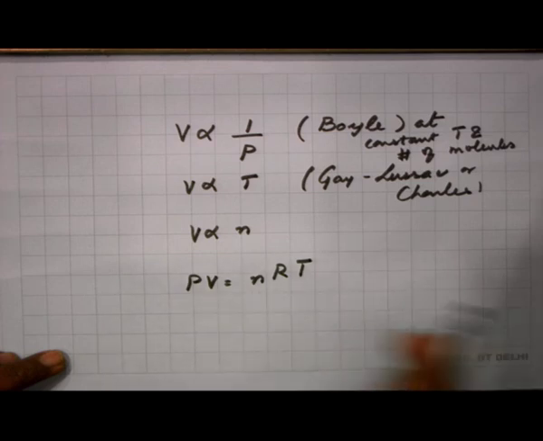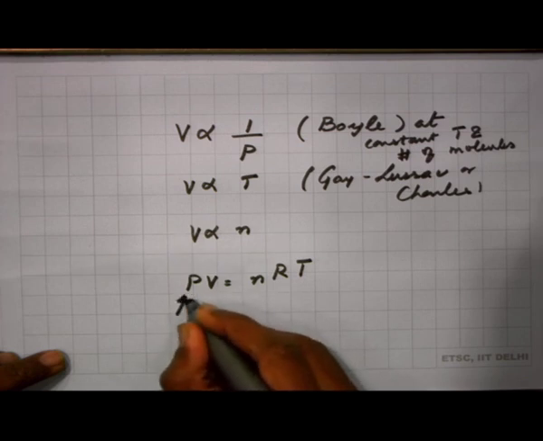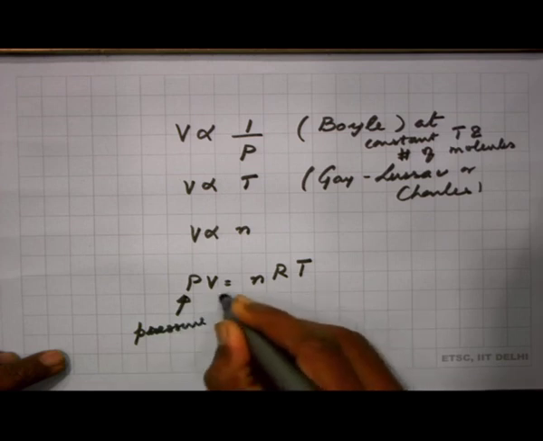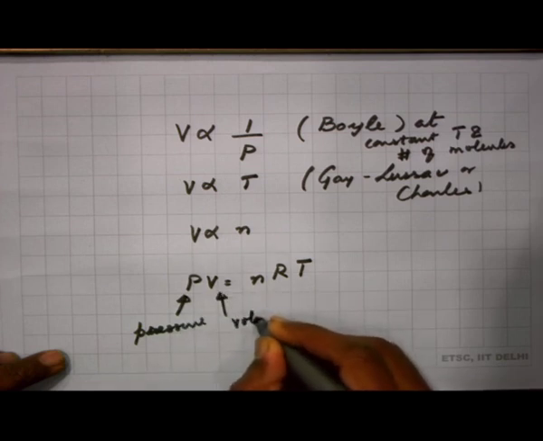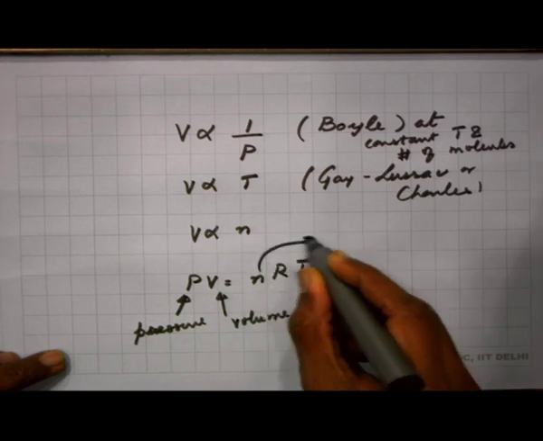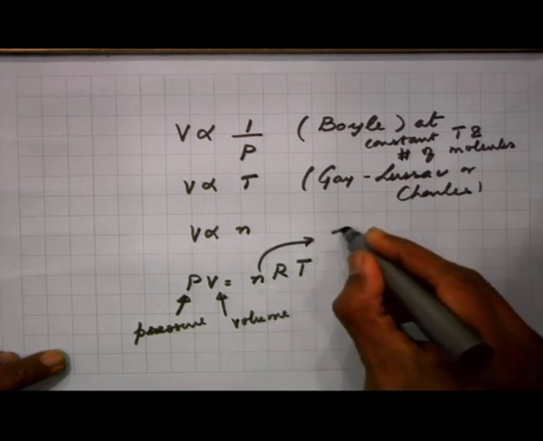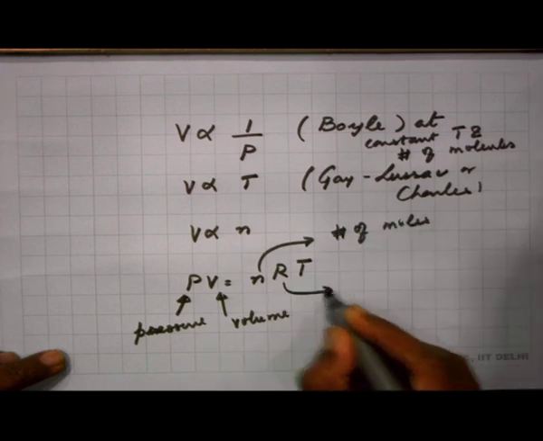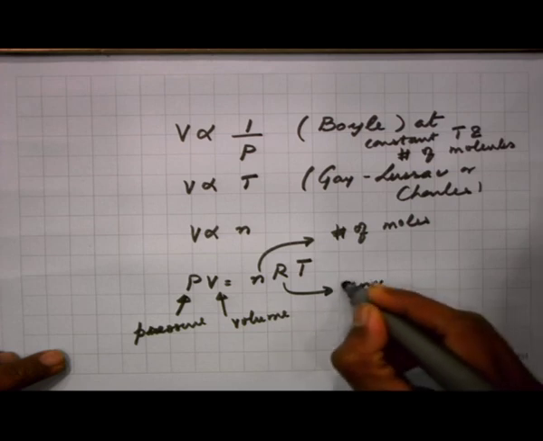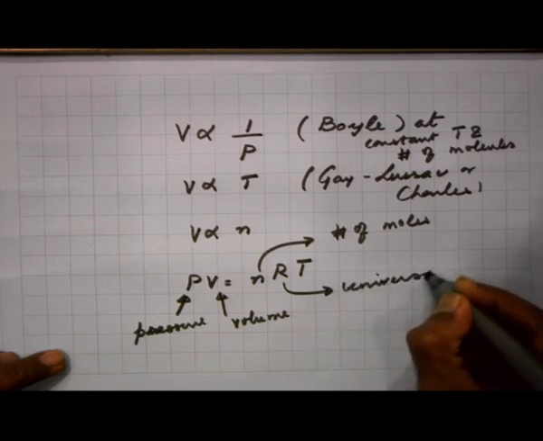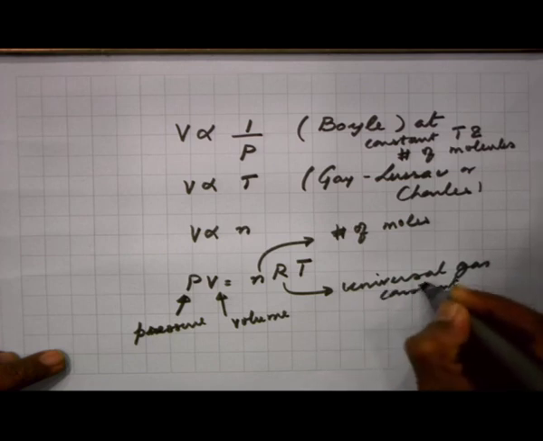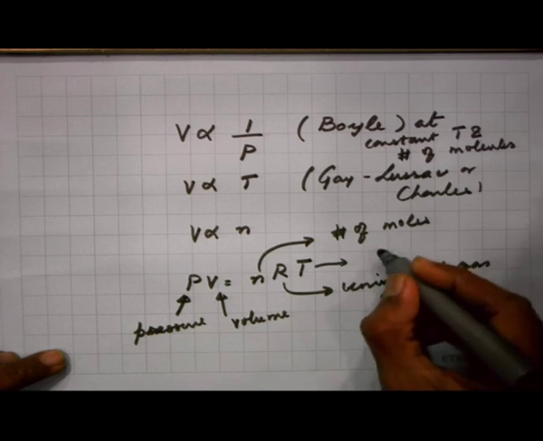I am not going through the derivation because it is there in the book. So, this is pressure, this is the volume, this is the number of moles of the gas, this is called the universal gas constant, and this is the temperature in Kelvin.